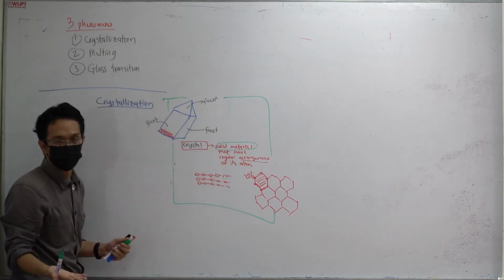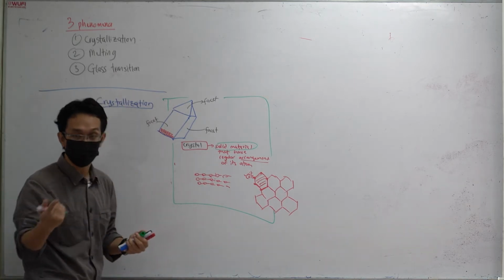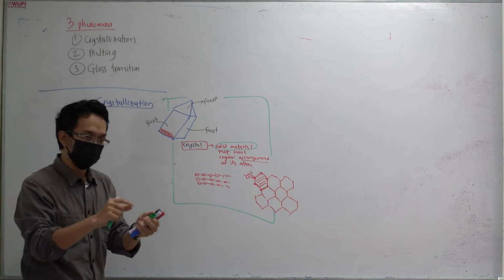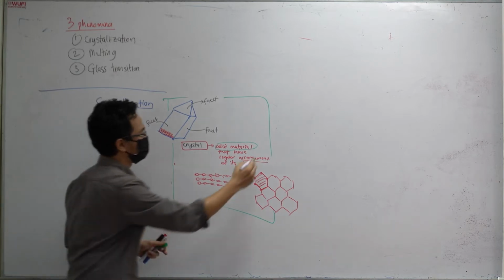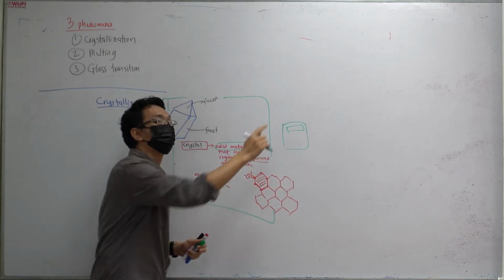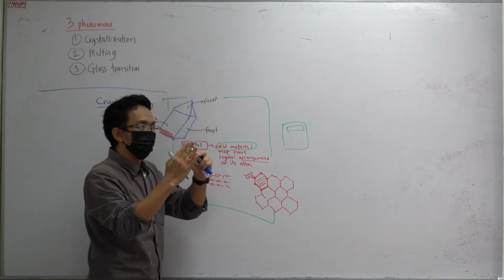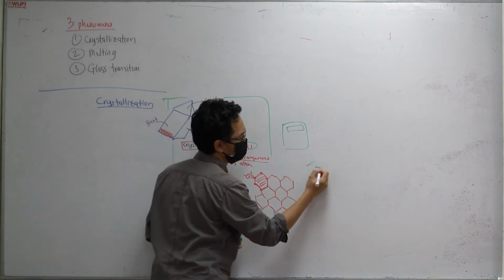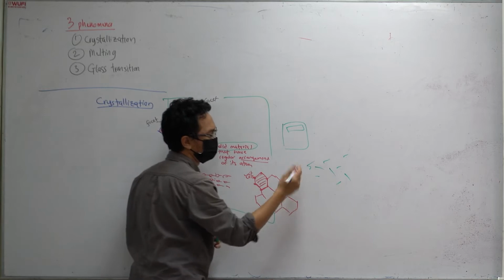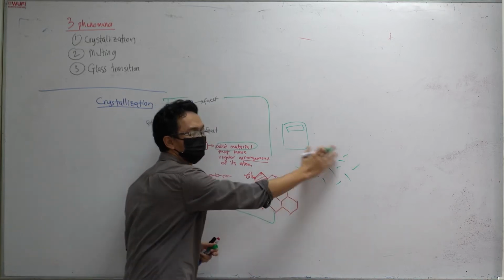Of course, we have liquid crystal. For example, in your calculator, the display has liquid crystal. But liquid crystal means that the liquid, normally, moves haywire here and there; this is the nature of the liquid.